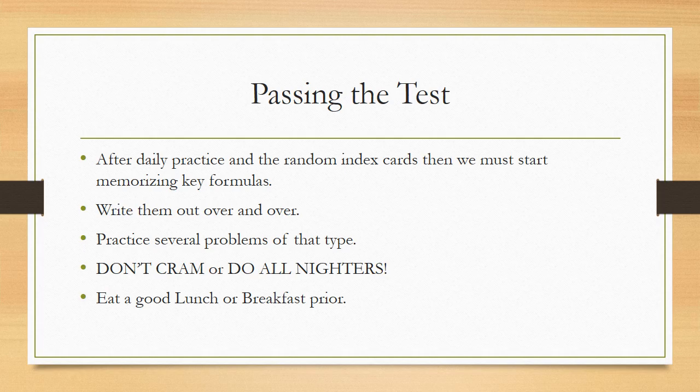And then you want to eat a good lunch or breakfast prior to the test. And the night before the test, just chill, relax, because before that you have already studied, done the index cards, and memorized the formulas. You could probably just look at it for an hour as a slight review. But on that, just take it easy and get a good night's sleep.